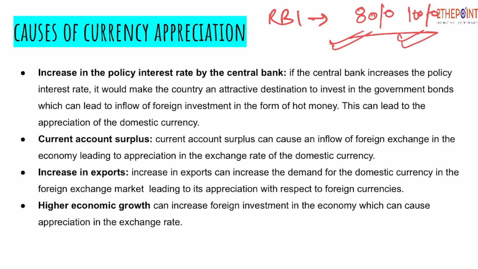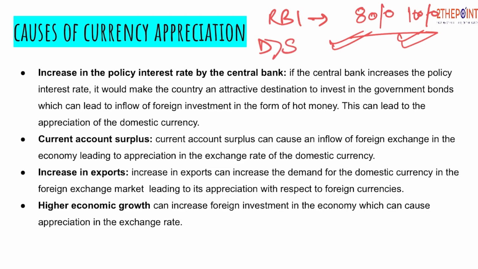So many foreign institutional investors will bring in dollars to the Indian market and will invest the money in the Indian market. So if they bring in dollars, again the same example of injection, where the demand was more and supply was less.